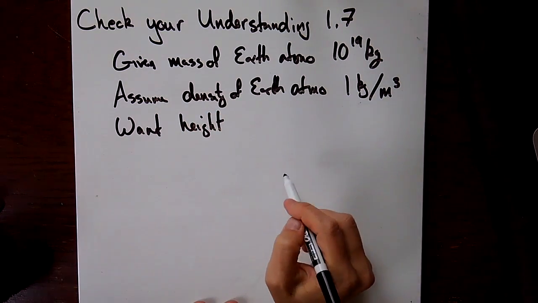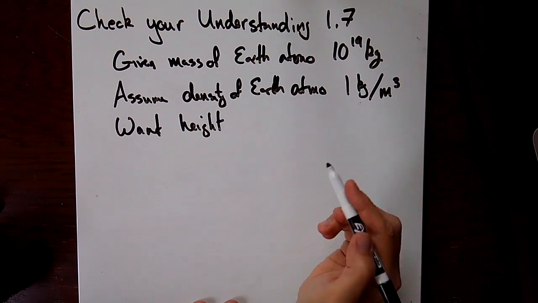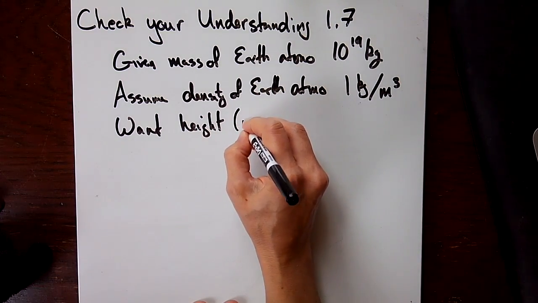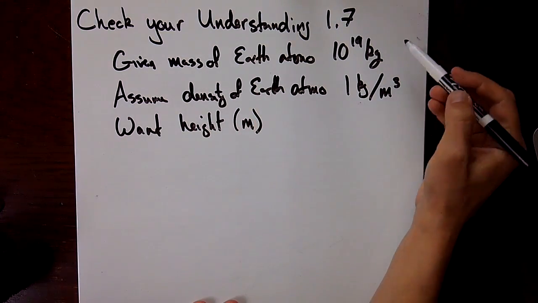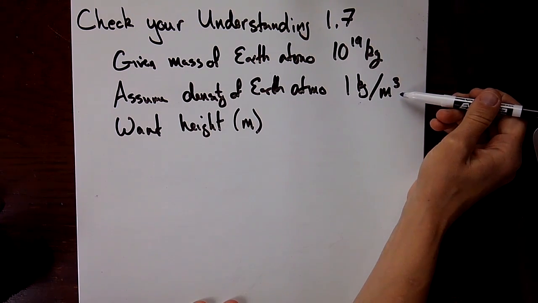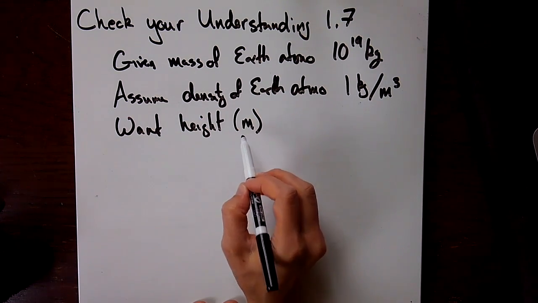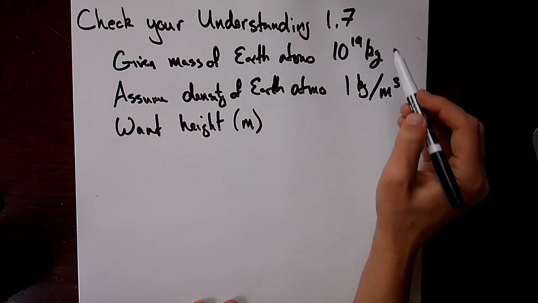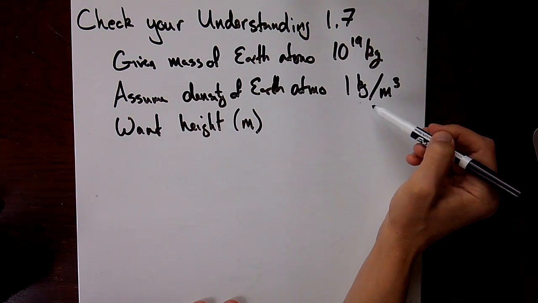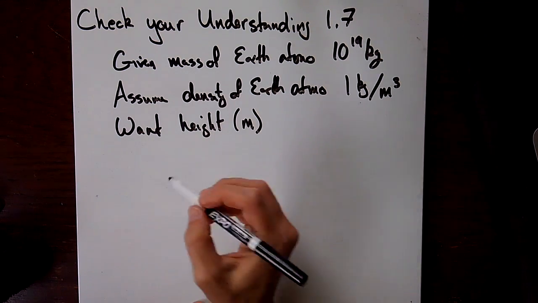All right, so looking at this, the first thing I would do is dimensional analysis. The dimension of what I want, height, is meters. And in the two pieces of information, I don't have meters directly, but I do have meters to a power, so that'll get me a little bit closer. With these two pieces of data, what can I do? Well, again, I'm going to do some dimensional analysis. Density is kilograms over meters cubed.